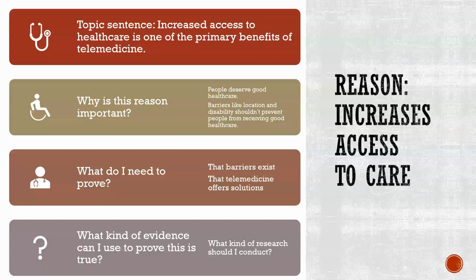Well, that's going to come through research and then deciding what information to actually pull from your research, because you don't want to cite everything you read, obviously. We're not writing a book. And so what I want to take a look at next is, how do we select useful information to include as evidence? And then how do we talk about it? How do we integrate it into our writing?